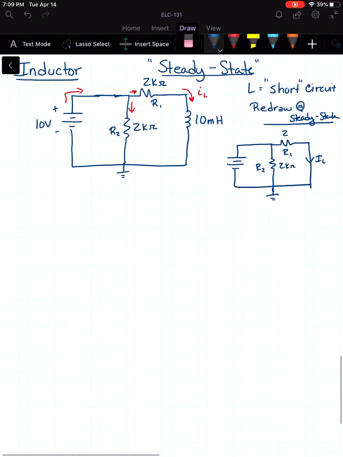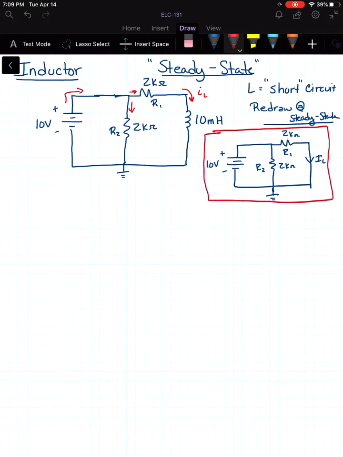The resistors are the same here, and 10 volts. All right, so in steady state, I would do this analysis where we would say the inductor looks like a short circuit. Okay, so at steady state, what is going on in my circuit?